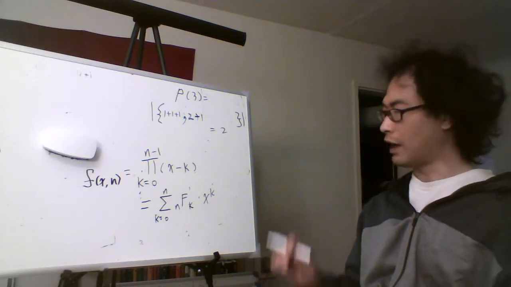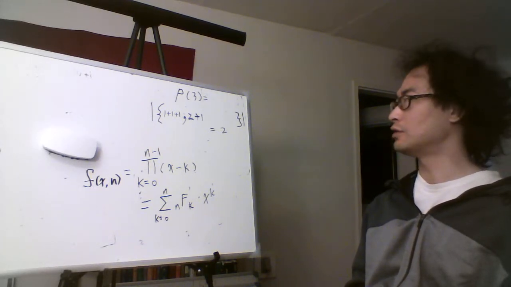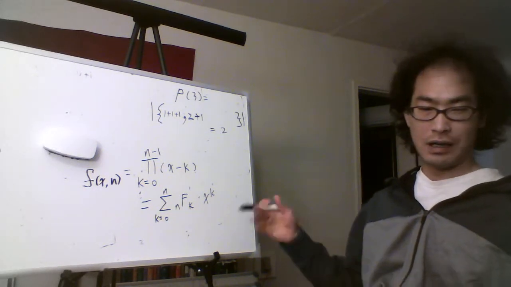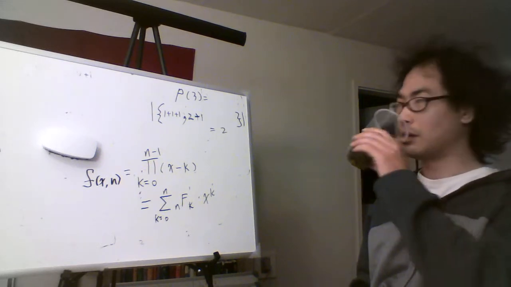Well, I'm looking at the table of these partition function numbers. Because there's no known formula, the best they can come up with is to calculate by hand or by some computer program.